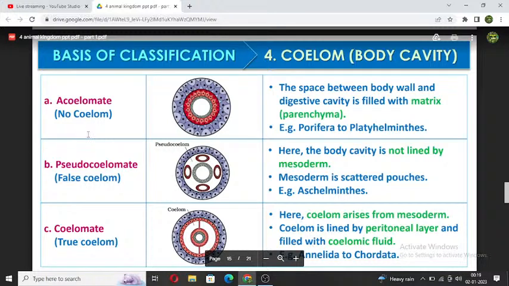The blastocoel is partially filled with mesodermal cells, and the body cavity is lined by mesoderm only towards the body wall, not towards the gut. That is the only difference. I repeat, pseudocoelomate organisms have no true coelom.